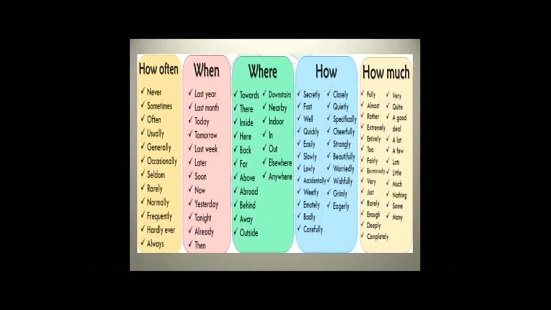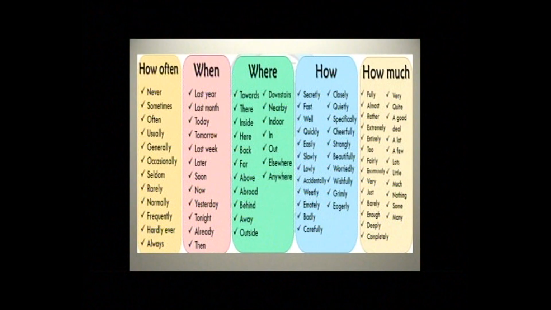Then how much: fully, almost, rather, extremely, entirely, too, fairly, and so on. The list is long. So students, you notice one thing, most of the adverbs end with ly. I'm not saying that 100% they end up with ly, but mostly, right? So words that end with ly in the end are adverbs. Rest examples are given in front of you. You can note them down.